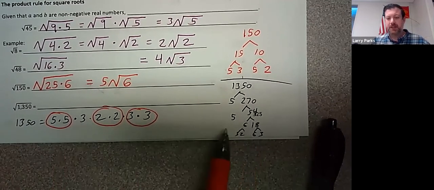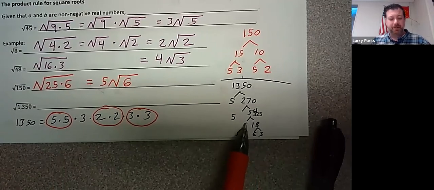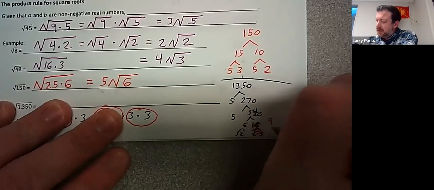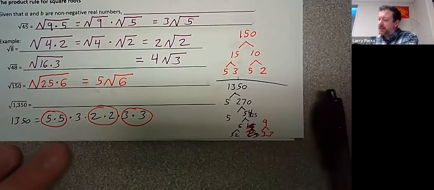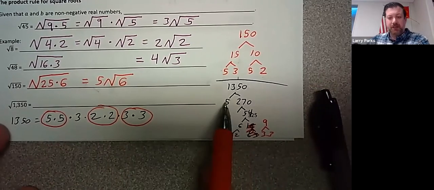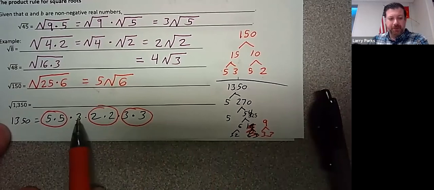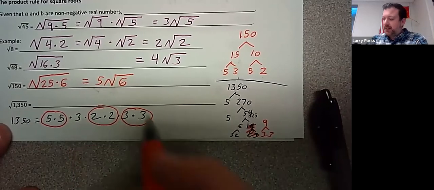Put down my 2 5s. 6 times 18. Where did I get 18? 6 times 18 is not 54. Wow. Six times 9. And that breaks into 3 and 3. So I should have 5, 5, 3, 2, and then 3, 3. So I just need to get rid of a 2.